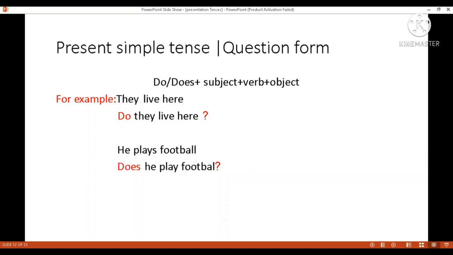For example, they live here. When we want to make it a question, do they live here? Okay. In order to make it a question, I added do to the beginning and added a question mark at the end of the sentence.